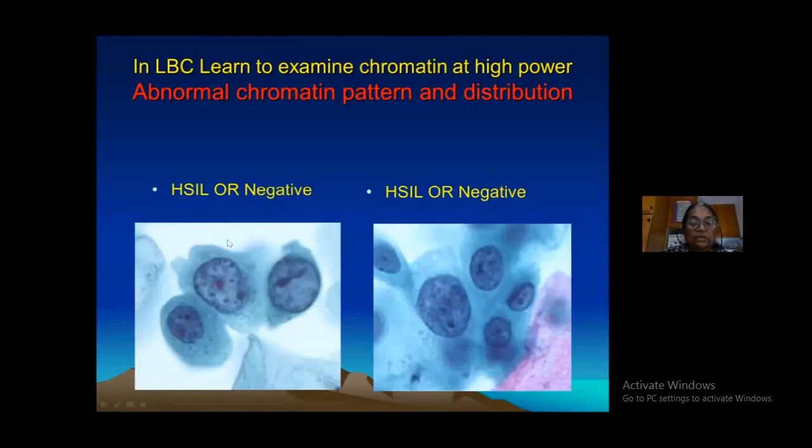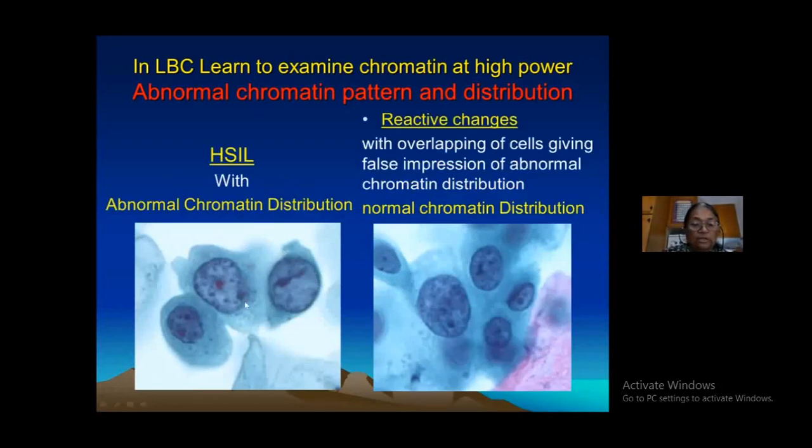So let's just see. These are the two images. Which one is SIL and which one is negative? One in here, although there's a regular similar size nucleus, but abnormal chromatin distribution, so it's high SIL.